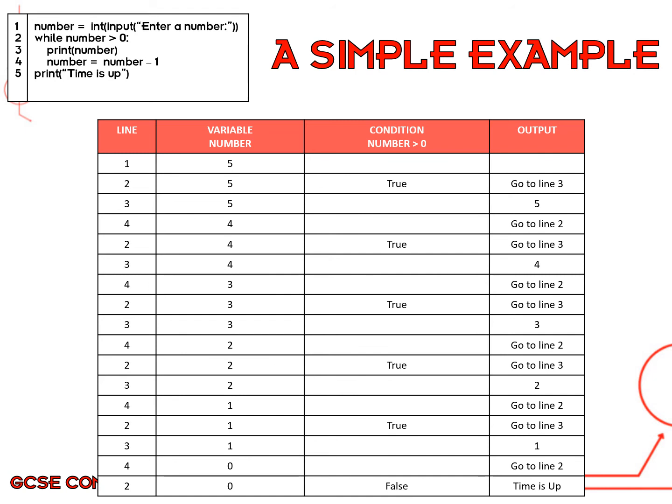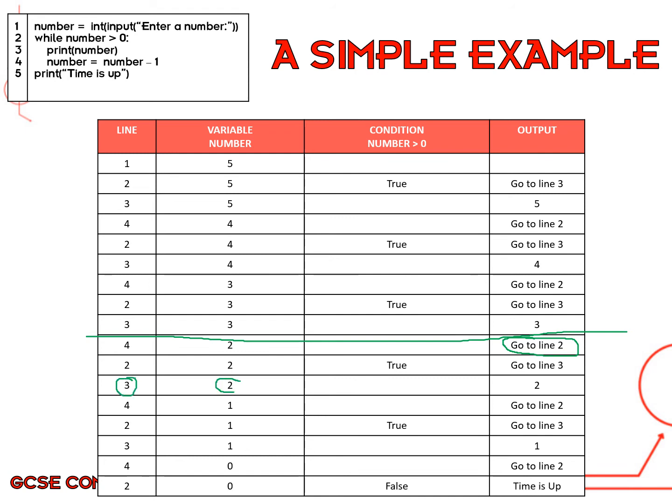So on the previous slide, we were down to here, I think. And we've just gone down to line 2 again. So now we go to line 2, we are checking to see whether the number is greater than 0. It is, because it's 2. So we move down to line 3.